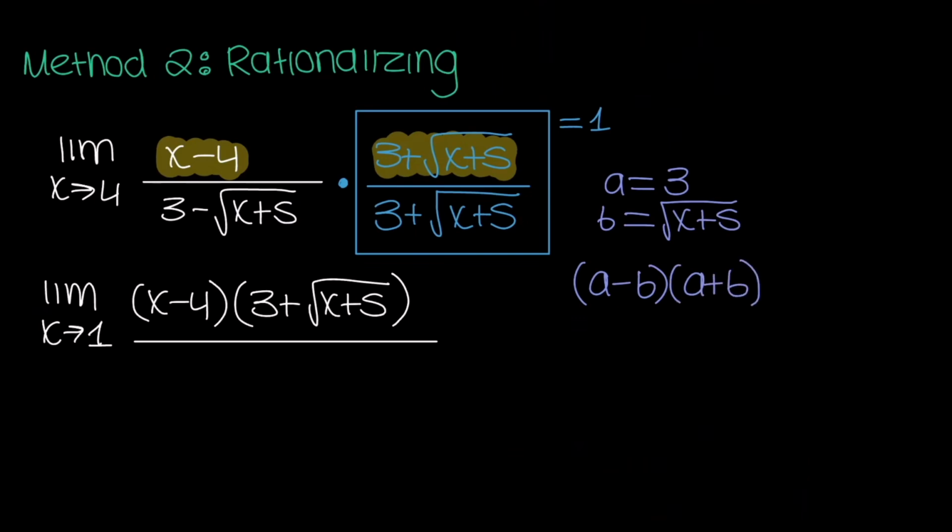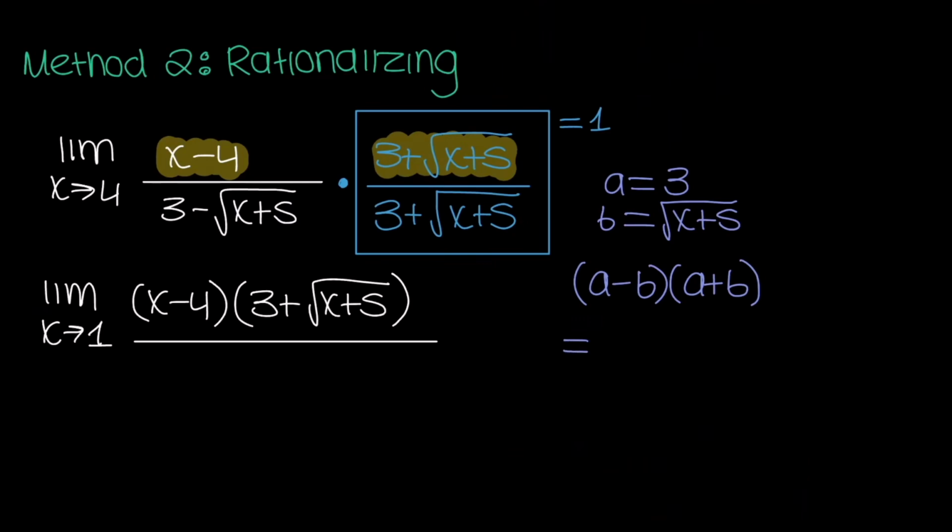Do you guys see that? This is my a of 3, that's 3 minus b, that's b, all right? And then we do the same thing, 3, so a plus b, a minus b.